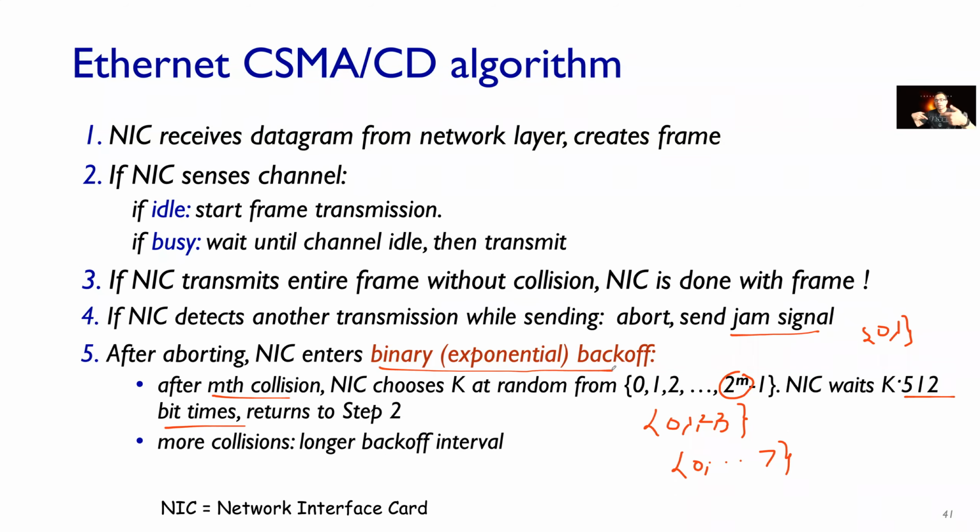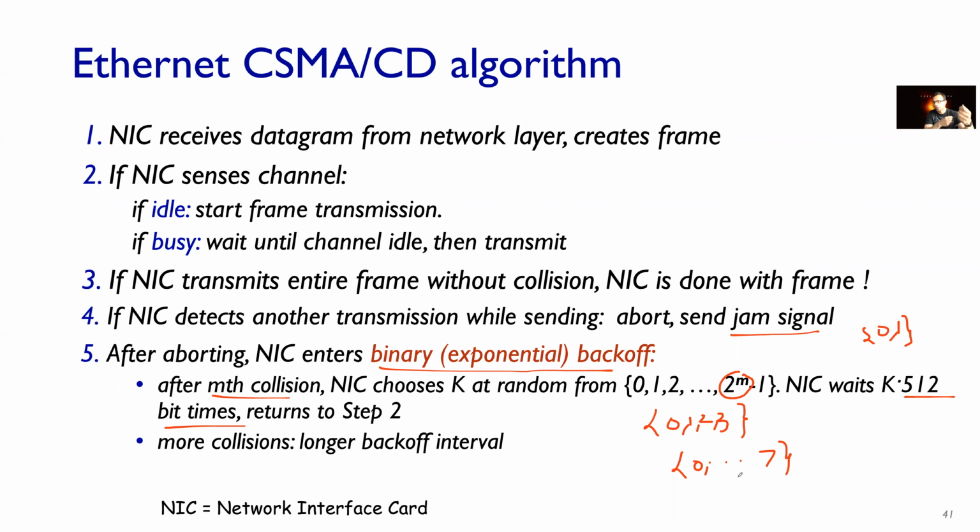If you're having repeated collisions, you keep doubling the size of the set from which you choose these values, in the hope that you're less likely to choose the same values the next time around. So this is sort of adapting to the load in the network. If there are lots of nodes wanting to transmit, you'll see that this will increase.